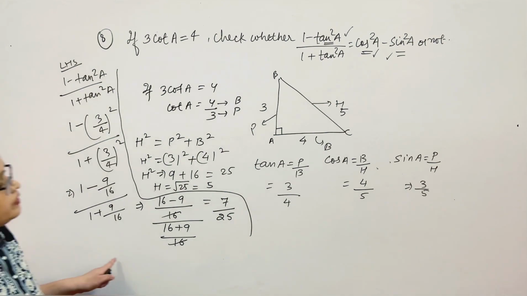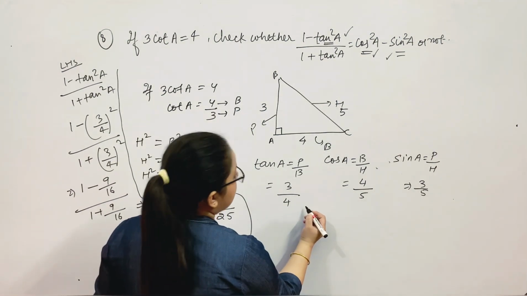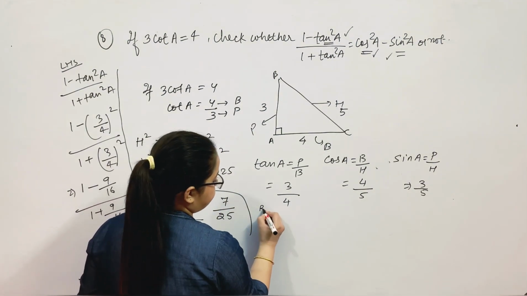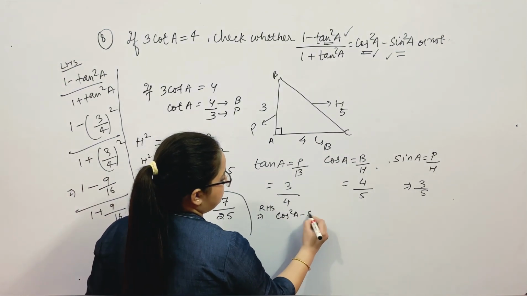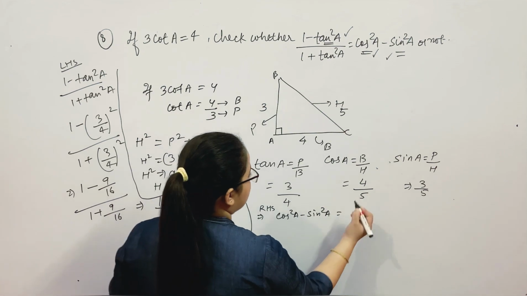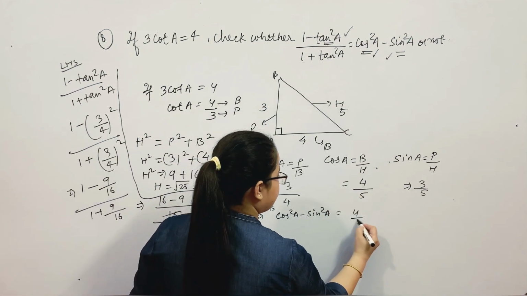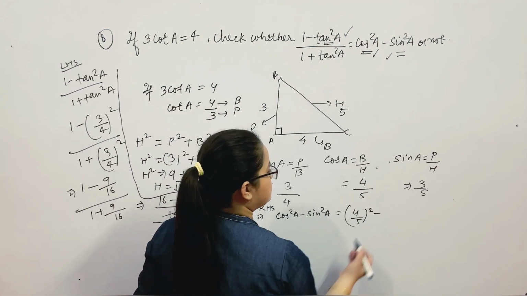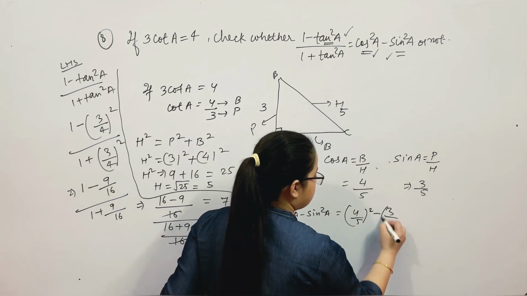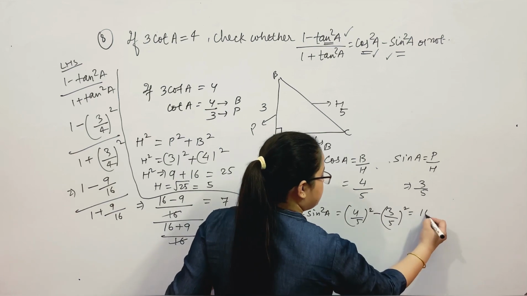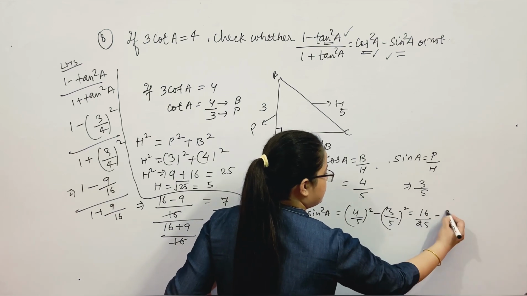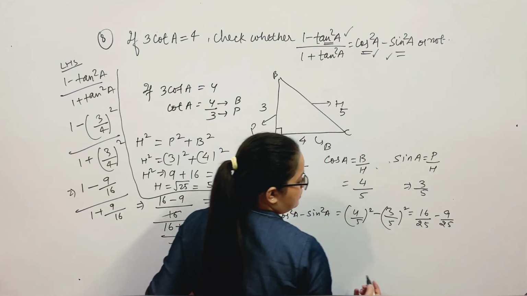Similarly, we will solve for RHS. It is cos square A minus sin square A. So cos A is what? (4 over 5) whole square minus sin A, (3 over 5) whole square. So again 4 square is 16 over 25 minus 9 over 25.